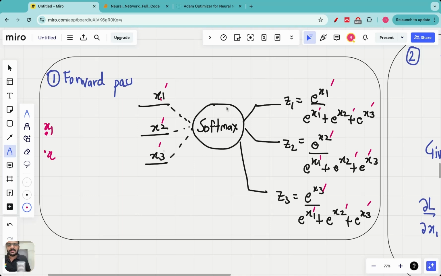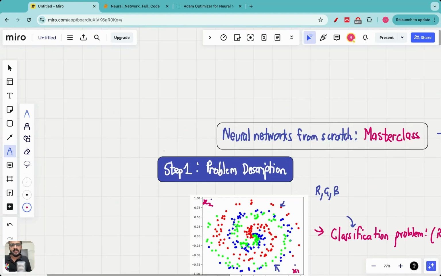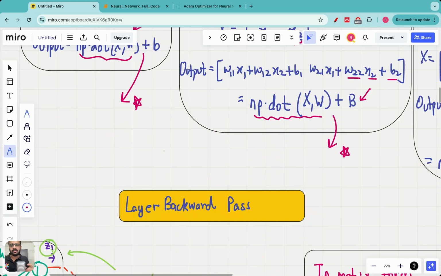Okay, so then these are not directly fed to the loss. We have a softmax. The reason we have a softmax is, let's say this output is 10, 2 and 1. Now ideally I want the output to be related to the class which x1, x2 belongs to, right? So remember in this plot which we showed, any given point belongs to either one class, red, green or blue.